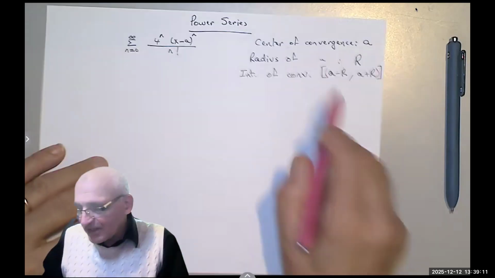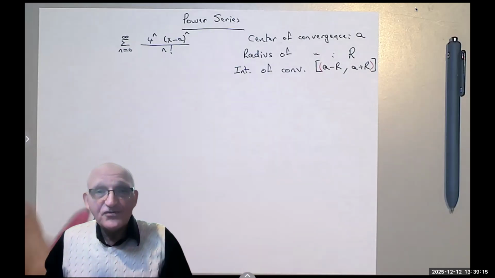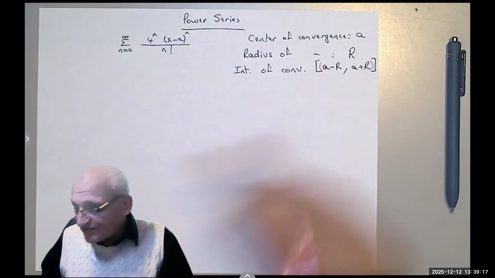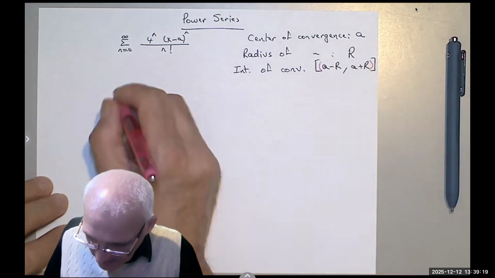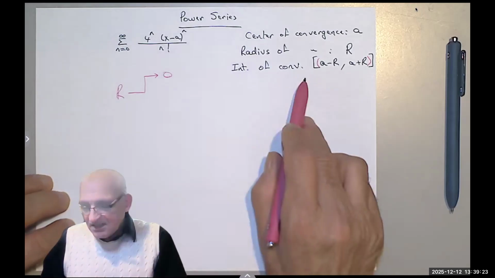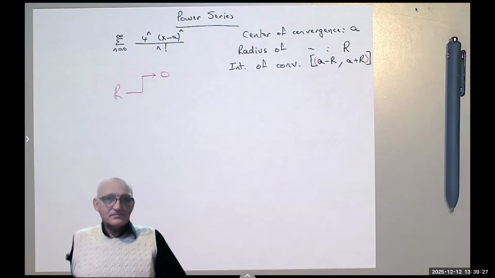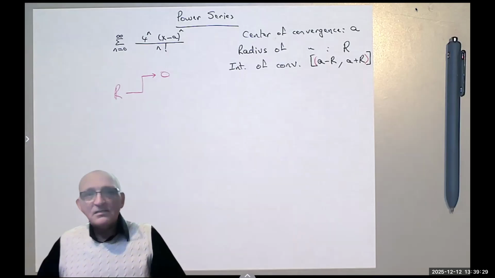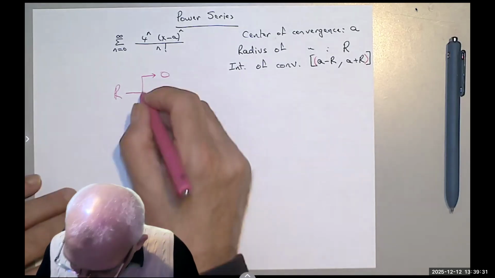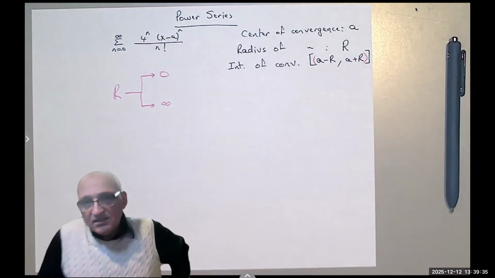Today, I'm going to look at specific cases, okay? If the radius of convergence is 0, it means this thing will converge only when x equals a. And if the radius of convergence is infinite, then it doesn't matter.